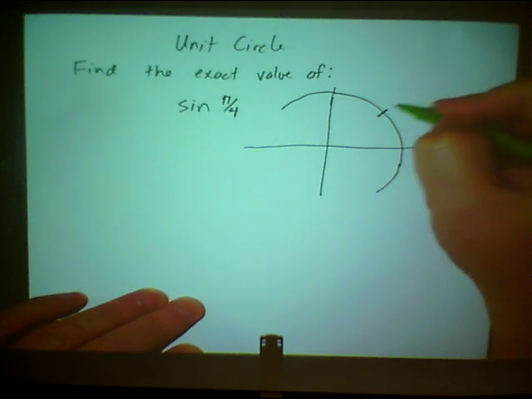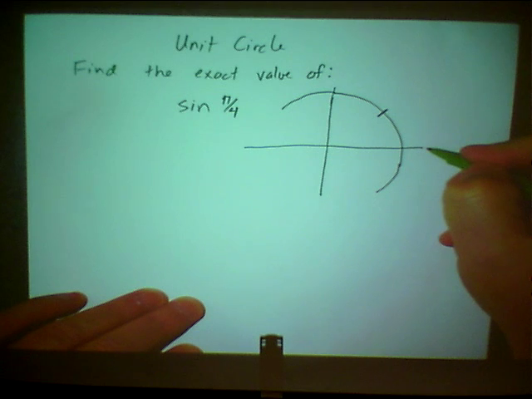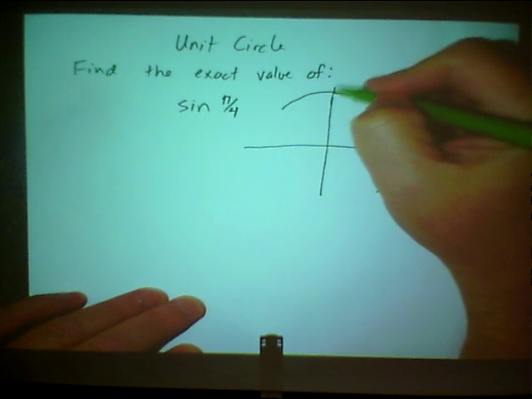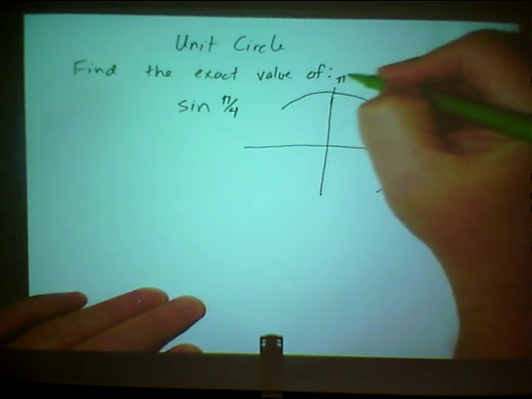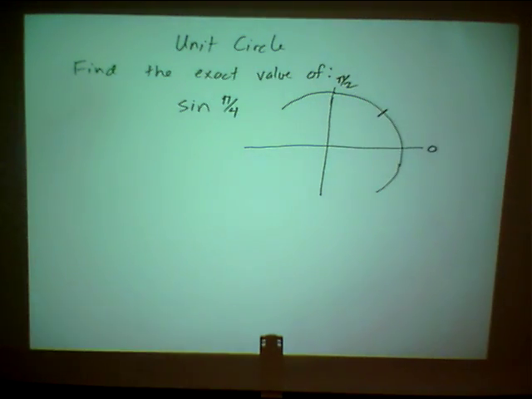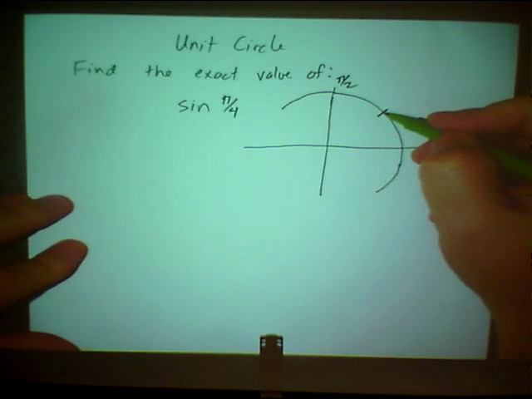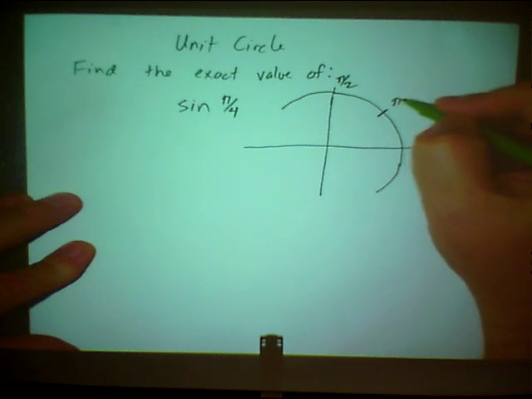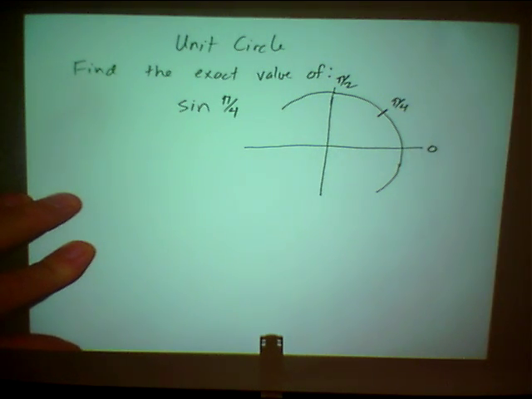Let's look first here. We start here, the angle here is 0. The angle up here at the top is pi over 2, or 90 degrees, but now we want to think of radians, pi over 2. So if we split this right in half, half of pi over 2 is pi over 4.